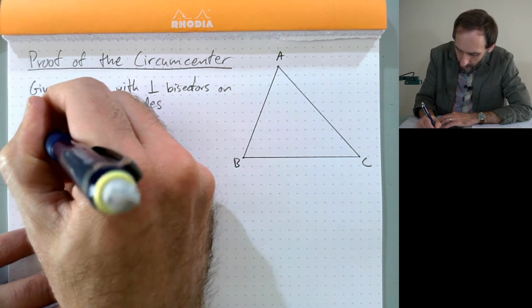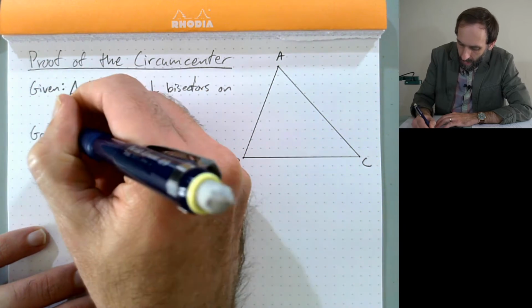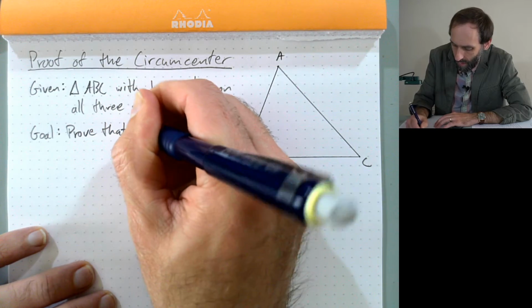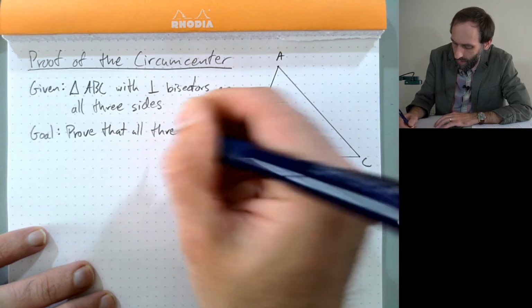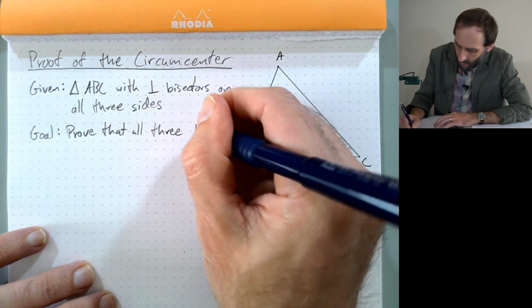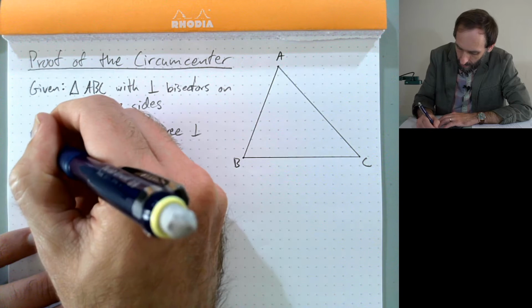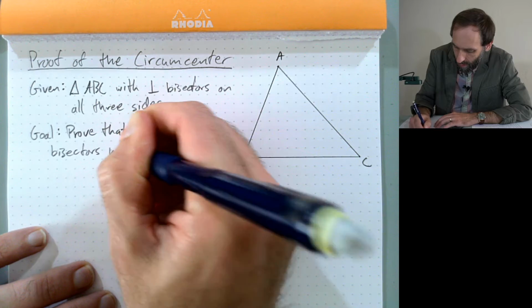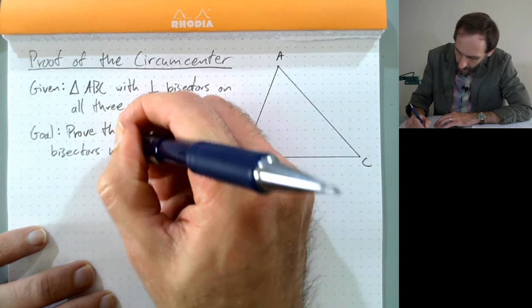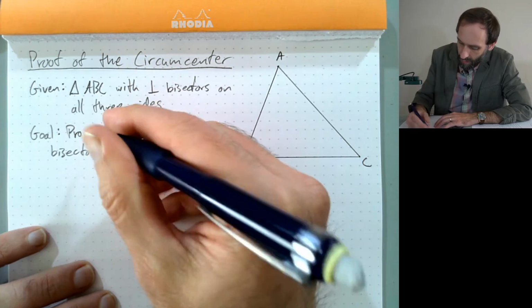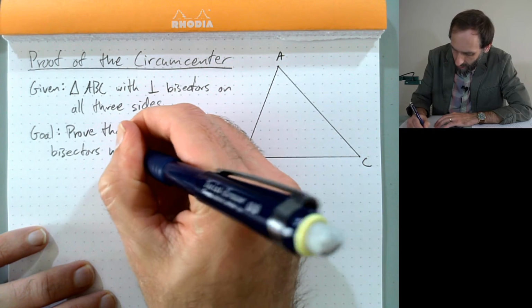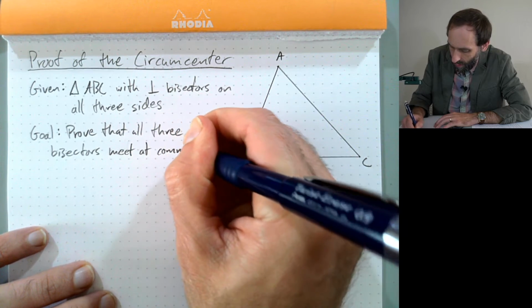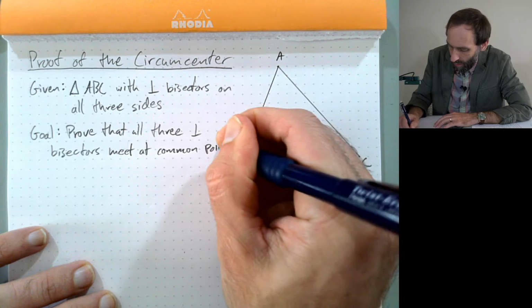My goal is to prove that all three perpendicular bisectors meet at a common point.